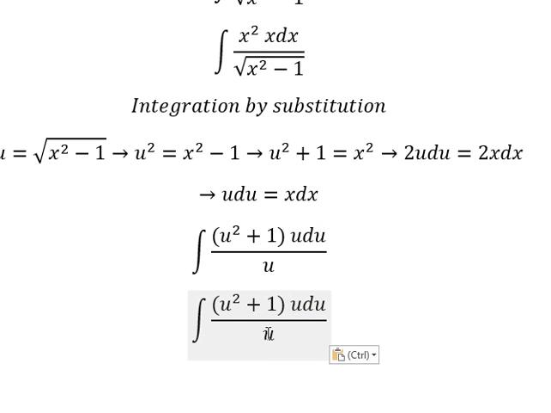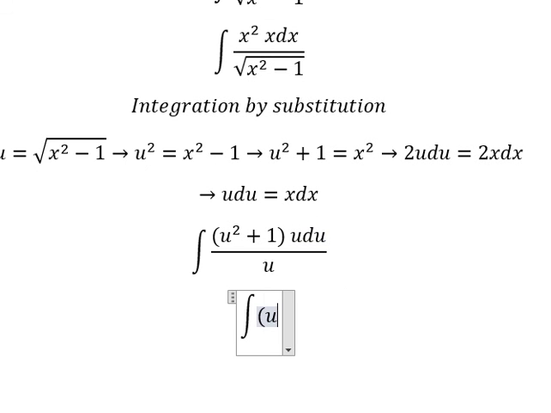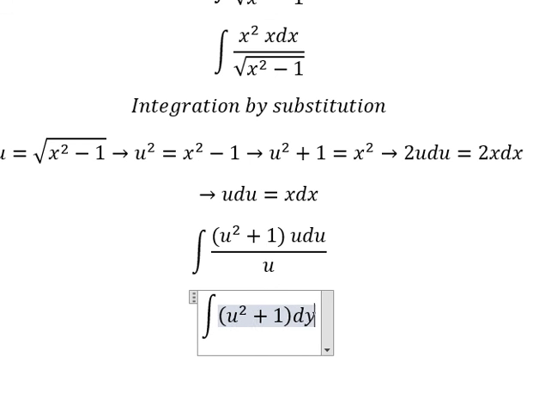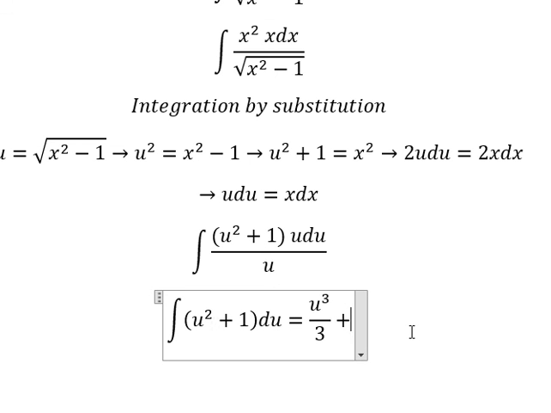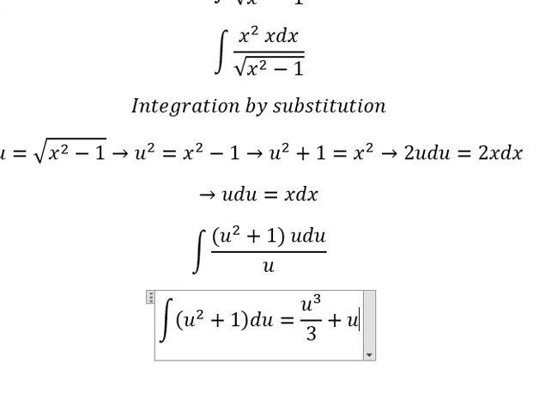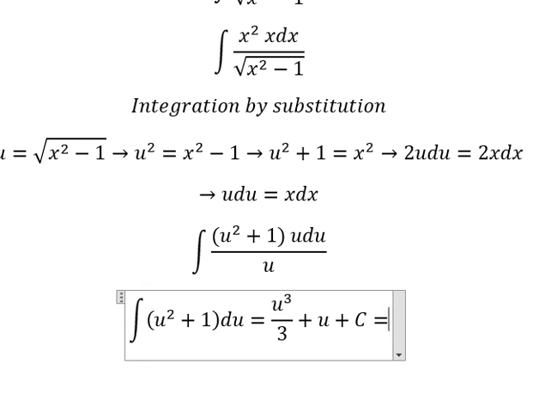So u divided by u, we get 1. The integration of u squared, we have u to the power of 3 over 3. The integration of 1, we have u, and I will put c.